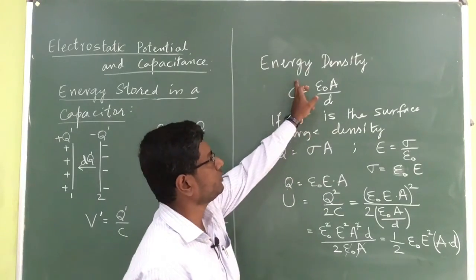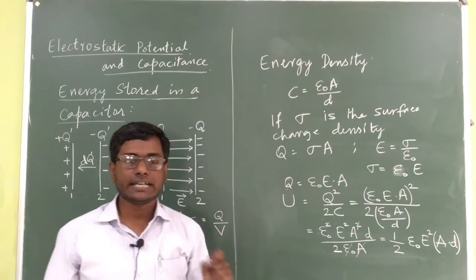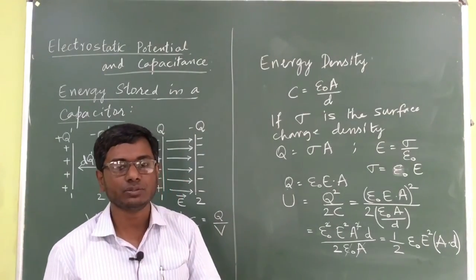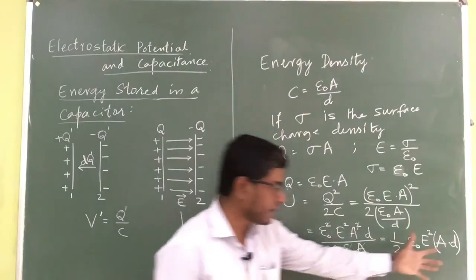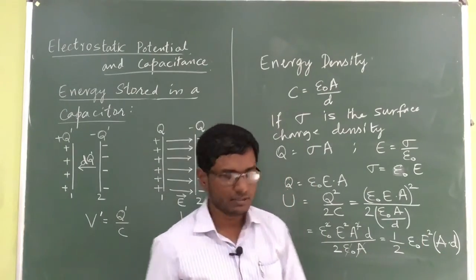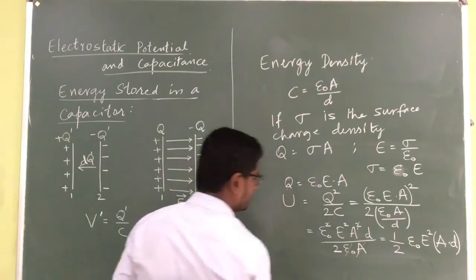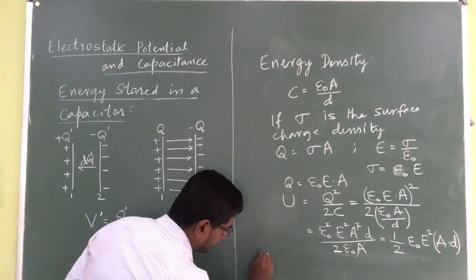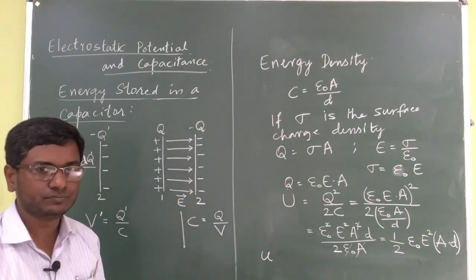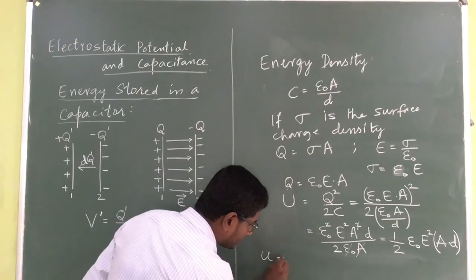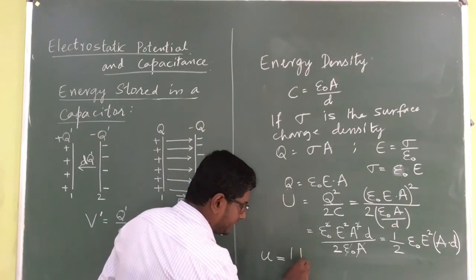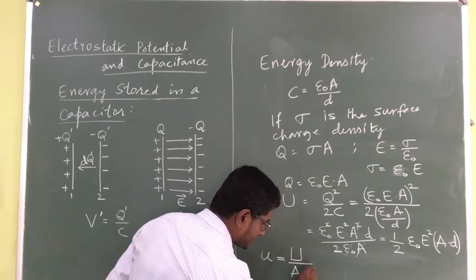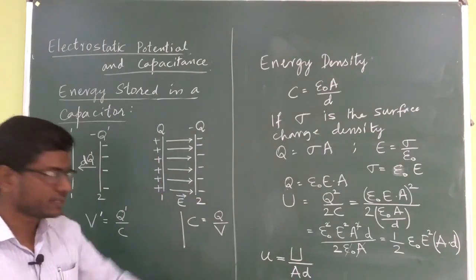Now, what were we looking for? We were looking for energy density, energy per unit volume. So, do I have a volume term here? Yes. If I want energy per unit volume, I am going to take it as the small letter u, and that will be equal to capital U divided by volume, which is represented by AD.